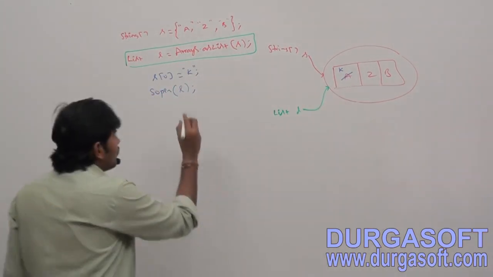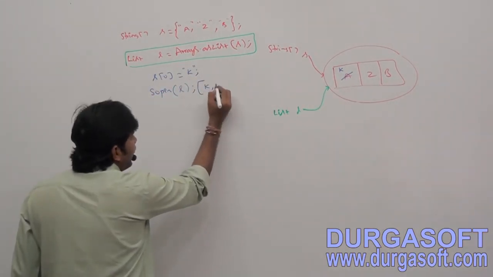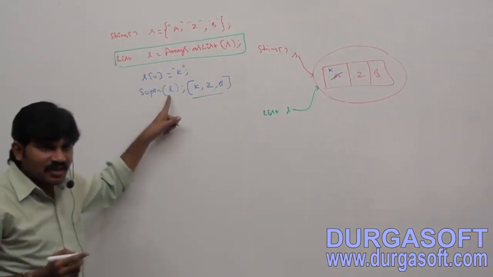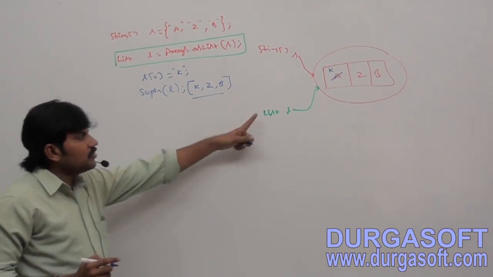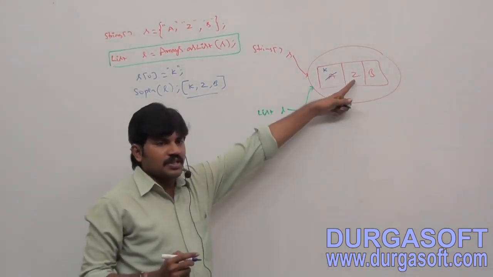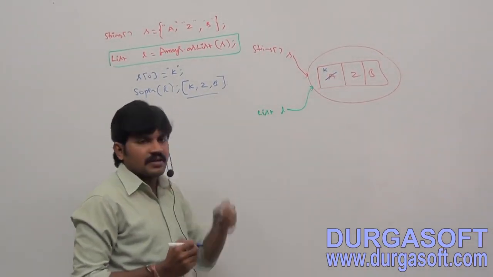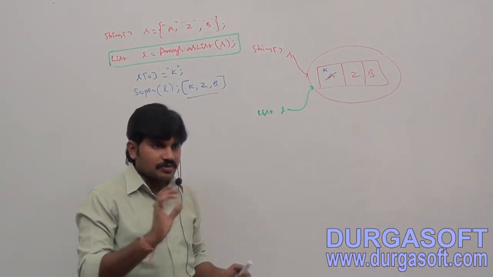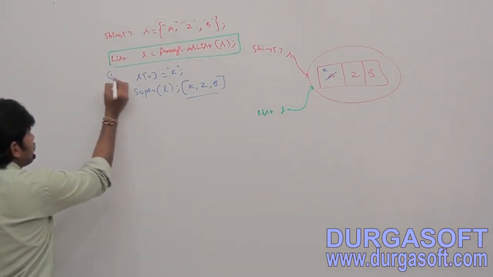Can you tell what the answer is now? K, Z, B. Was that change reflected to the list or not? Yes. Same, by using the list, if we perform any change, automatically that change will be reflected to the array also, because both are pointing to the same object. So the first point we covered.